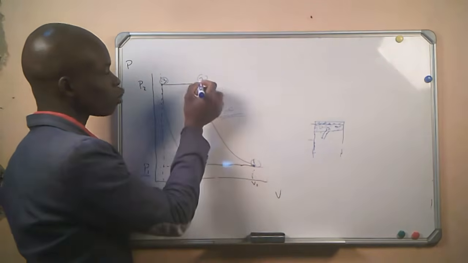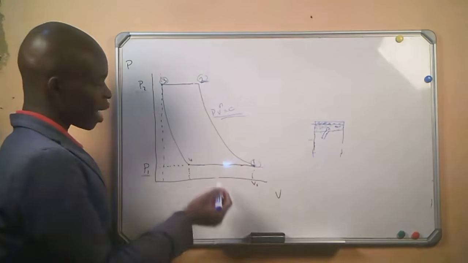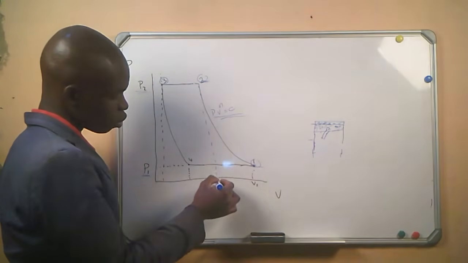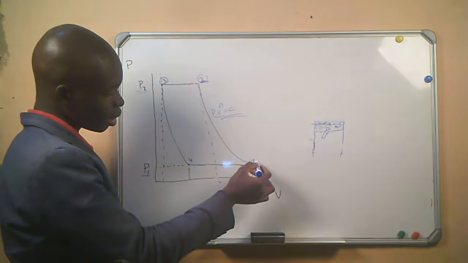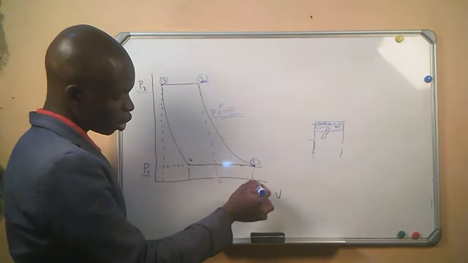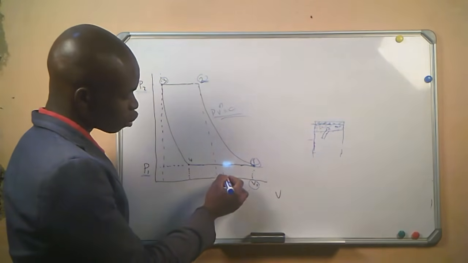And then from point number 2 to point number 3, the air is already compressed. From point 1 to point 2, it has compressed the air to pressure number 2 and volume number 2. From the first point, the volume was V1, and now it is compressed to V2.